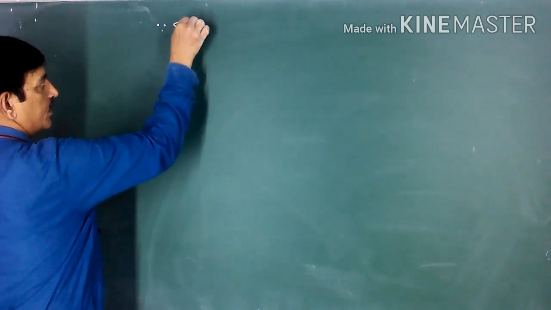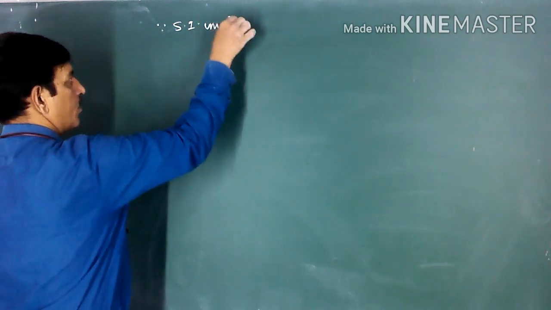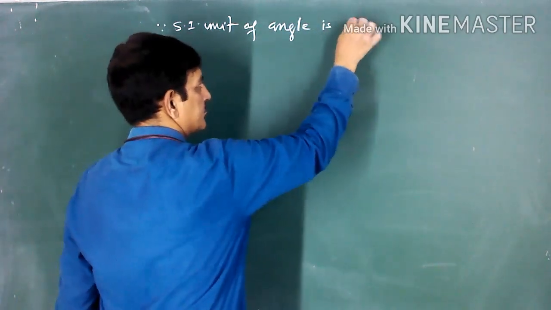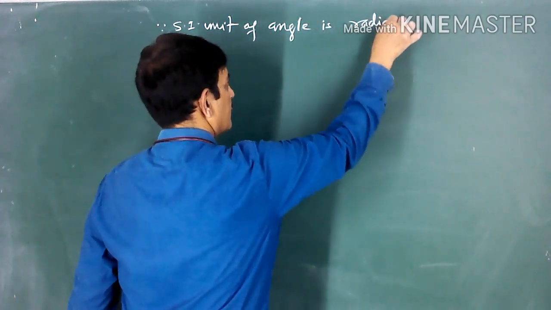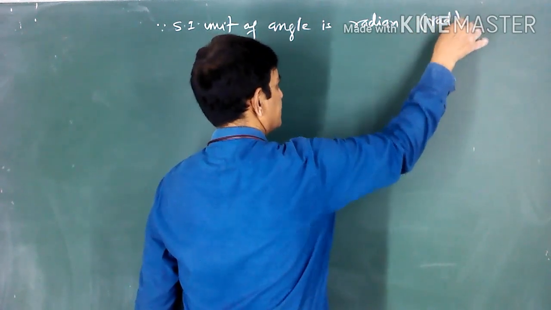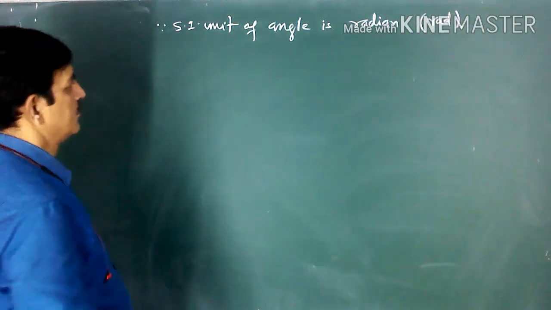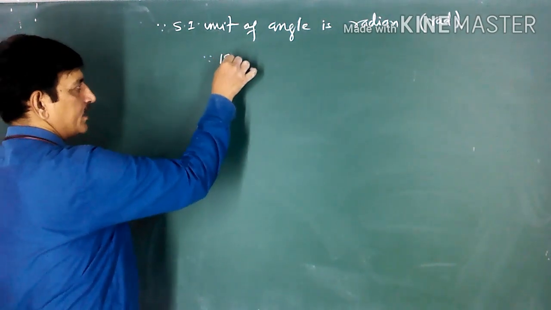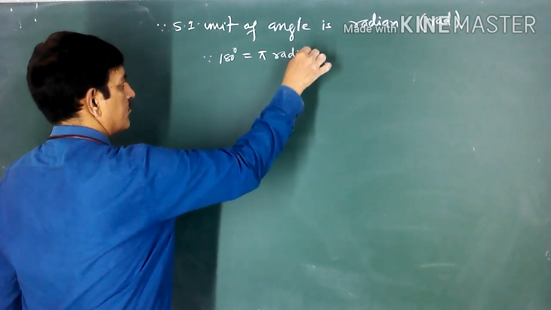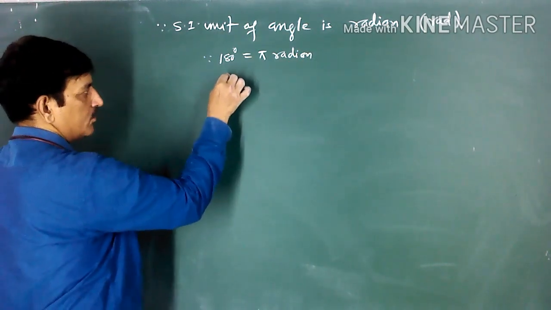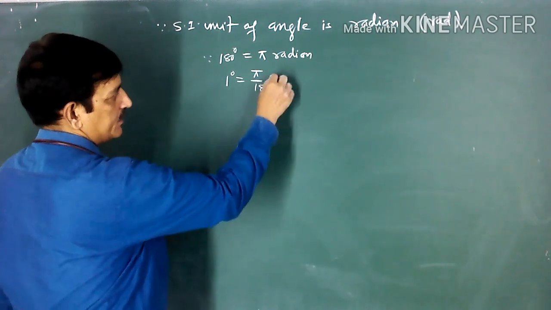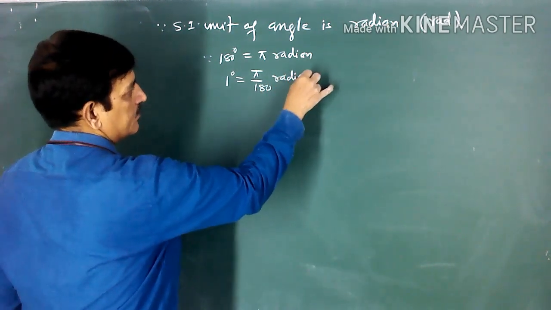Since the SI unit of angle is radian, in short it is also written as rad. Since 180 degree is equal to pi radian, therefore, 1 degree is equal to pi by 180 radian.